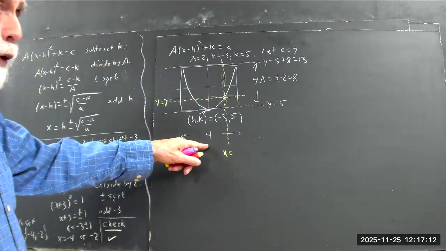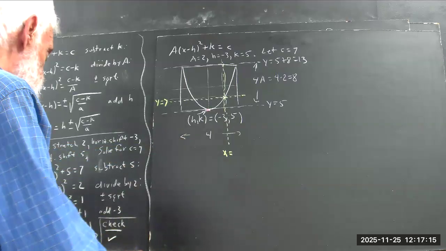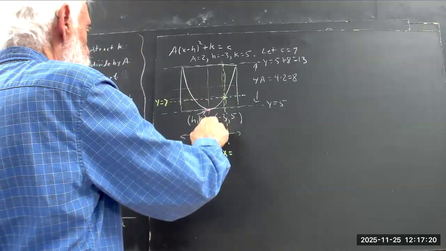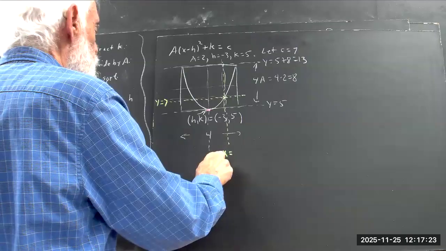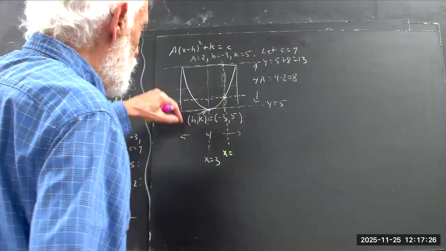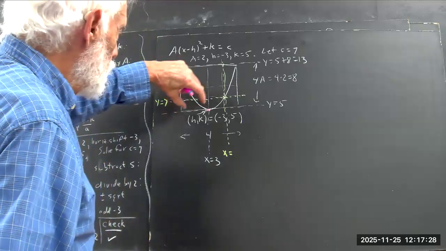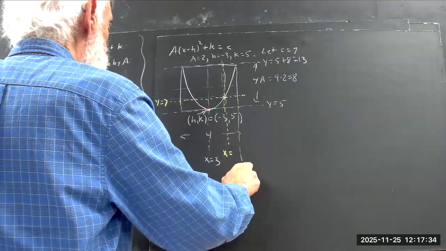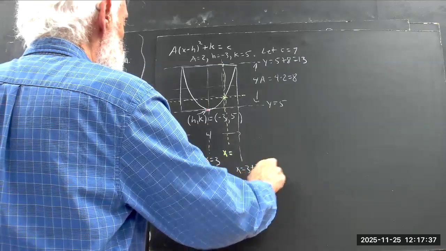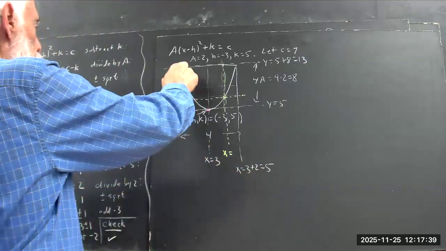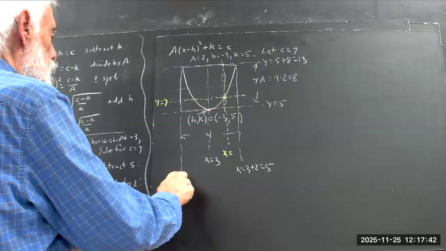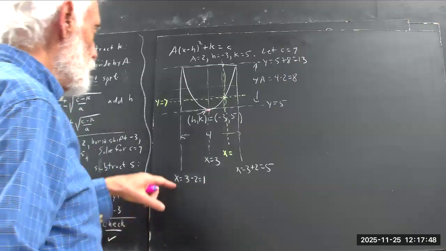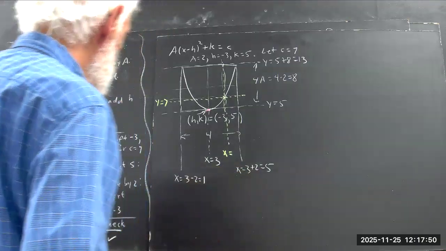Well, if the width of the graph is 4 and x equals -3 at the center, so let's just go ahead and label x equals 3 here. If the width is 4, then half the width is 2. So this distance would be 2. So x would be 3 plus 2, or 5. And on this edge, x would be 3 minus 2, or 1. So x is 1 here, x is 5 here.